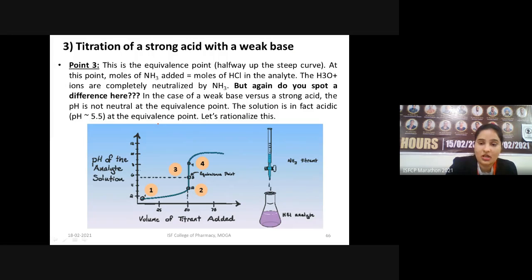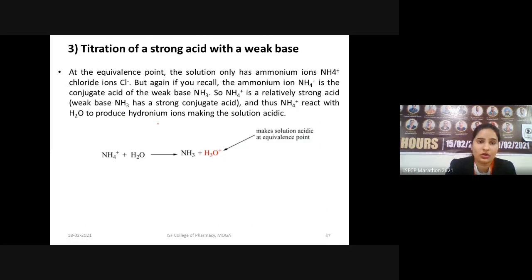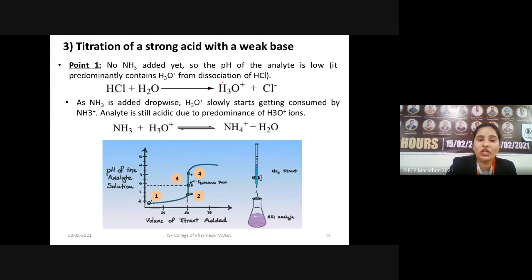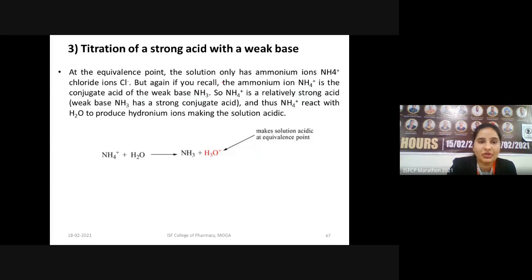Let us explain the reason behind this. At the equivalence point, ammonia molecules react with hydronium ion to form ammonium ion and water. So what happens at the equivalence point? The solution has only ammonium ions, that is NH4 positive ions, and chloride ions. But we know that the ammonium ion is the conjugate acid of the weak base.